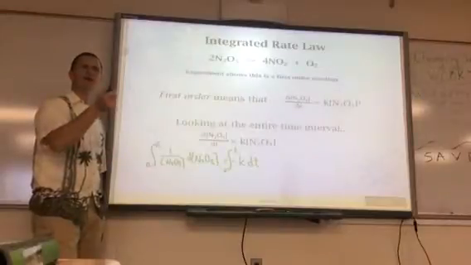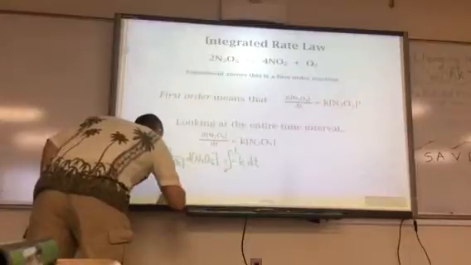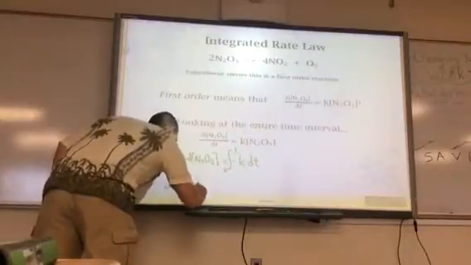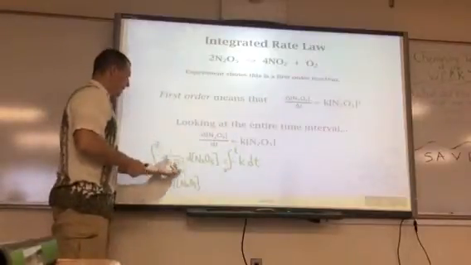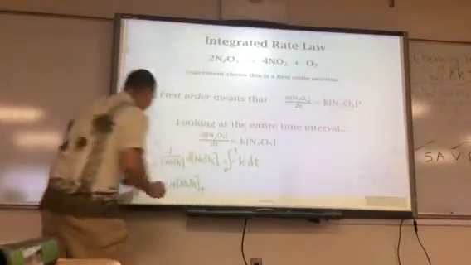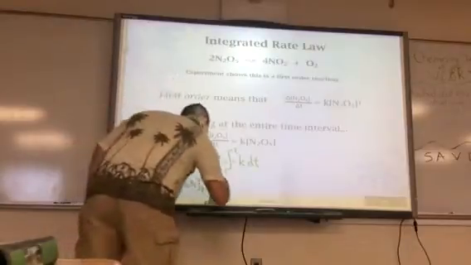Matthew, you know it. It's natural log, right. Natural log of N2O5. Now, when you have it over a time interval, it would be the natural log at time t minus the natural log at time 0.